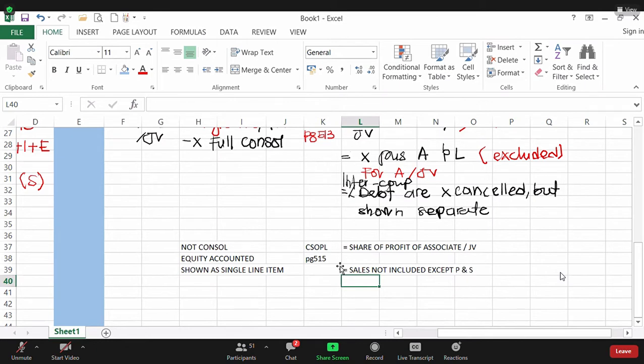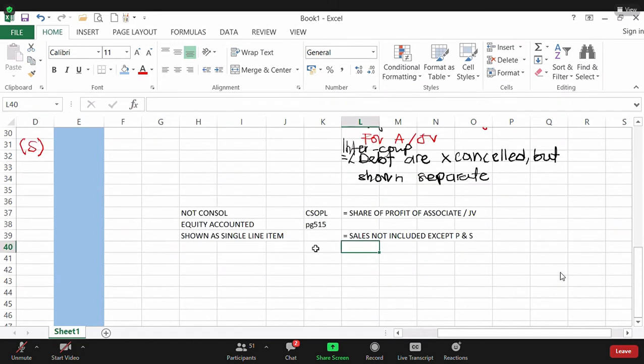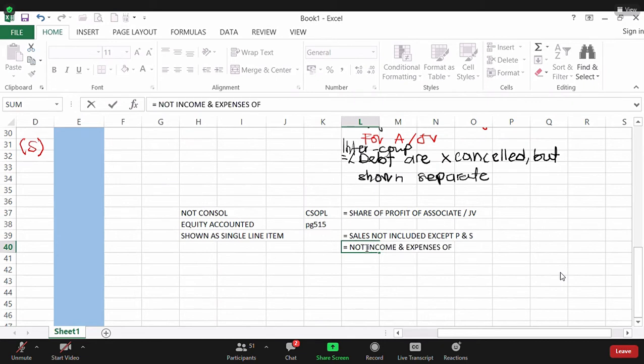So if the associate has a sale, please do not add it. So I would like to summarize that: you do not include income and expenses of associates or JV.